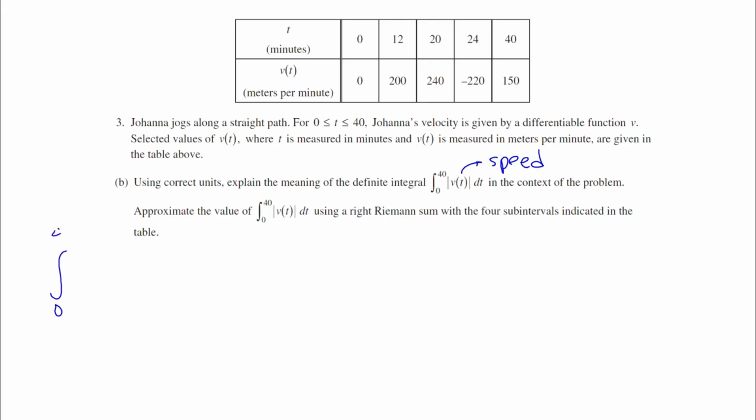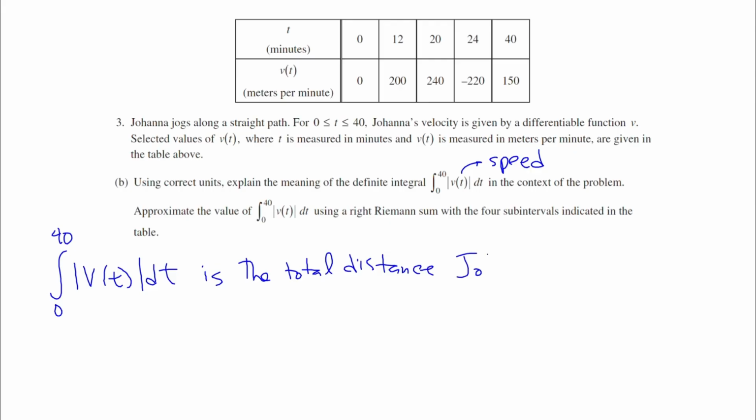So the integral from 0 to 40 of the absolute value of v of t dt is the total distance that Johanna jogs in meters, because it says using correct units. So in meters for t equals 0 to t equals 40 minutes.